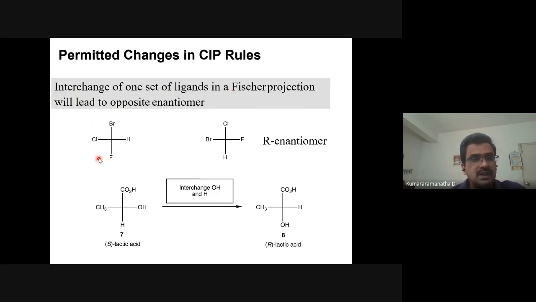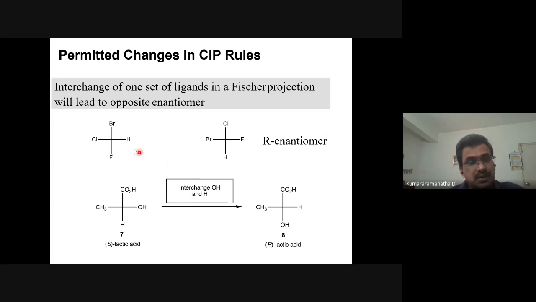Already we have seen this. So what essentially you have done here is, you can see, from hydrogen you have moved with an angle. Okay, hydrogen fluorine, like what I had.